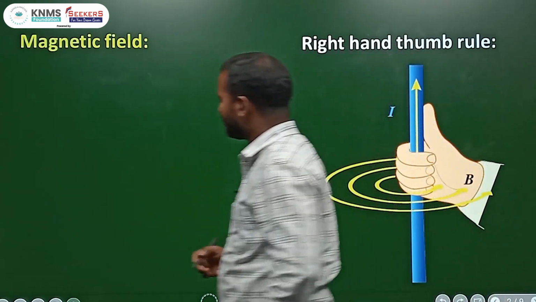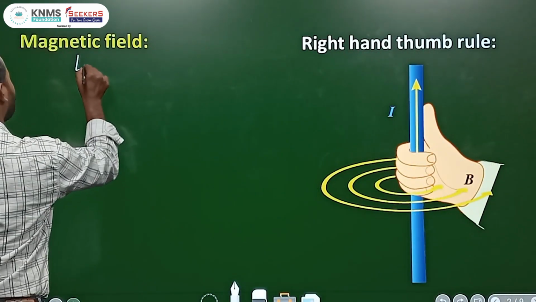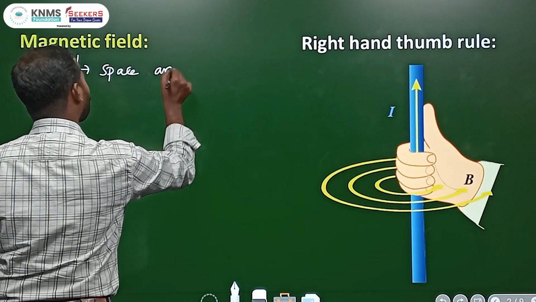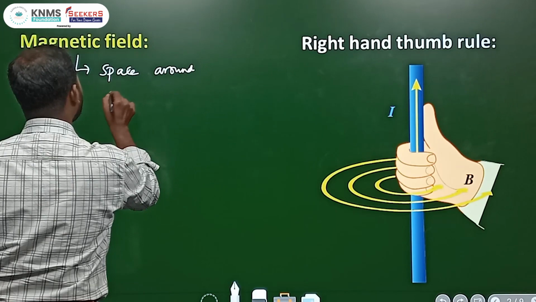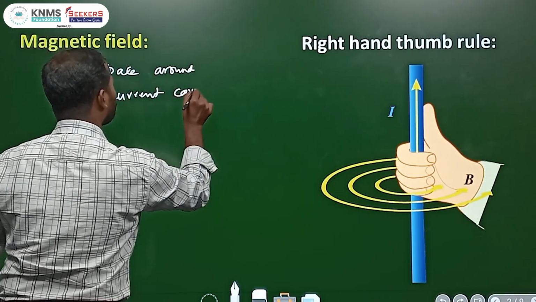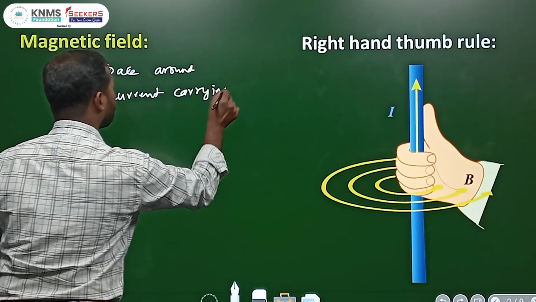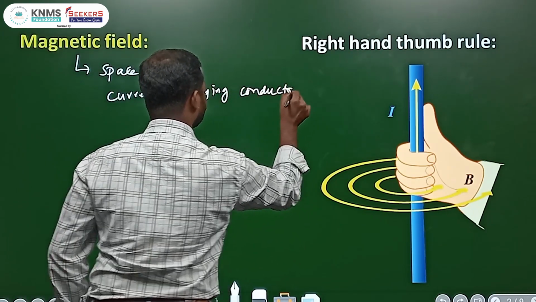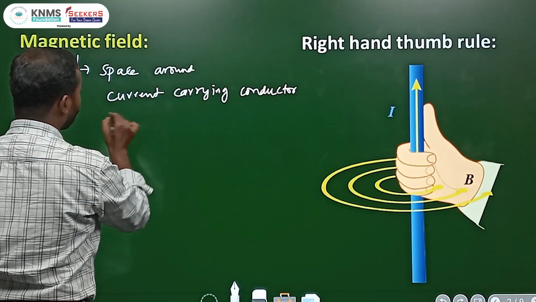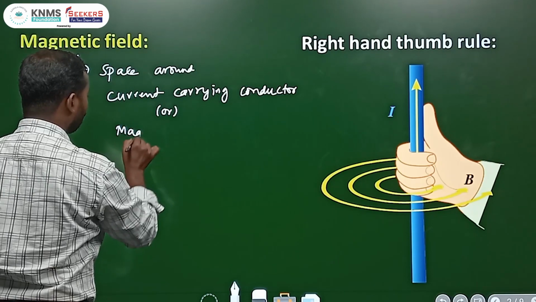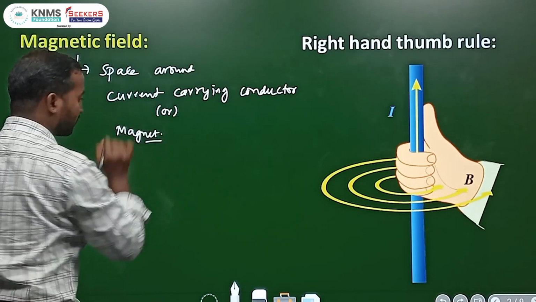Essentially this is the space around a current carrying conductor, or the space around a magnet, within which a magnetic effect can be felt.